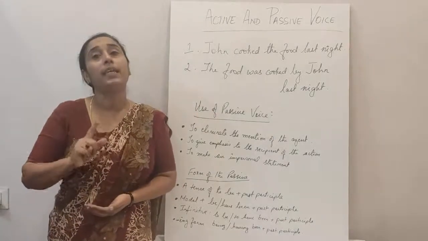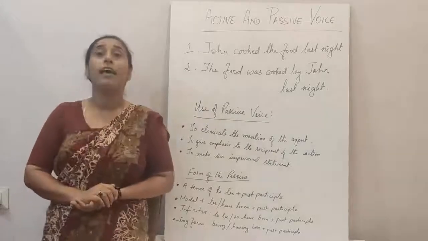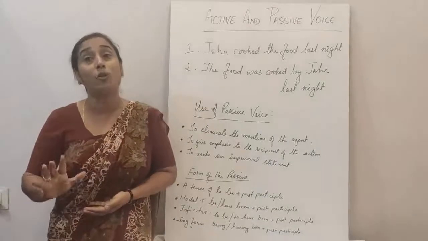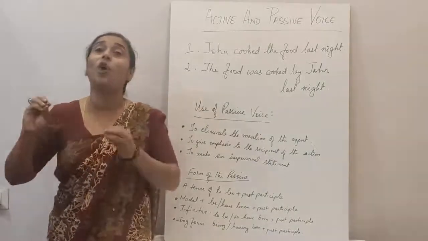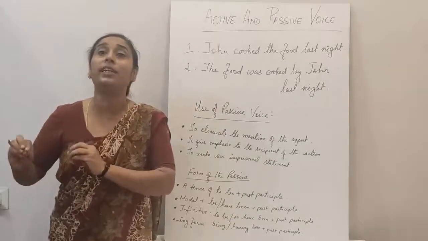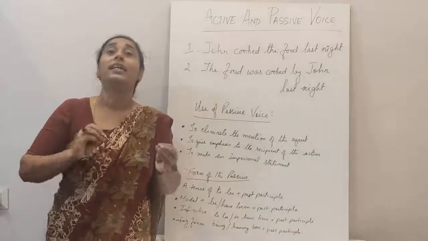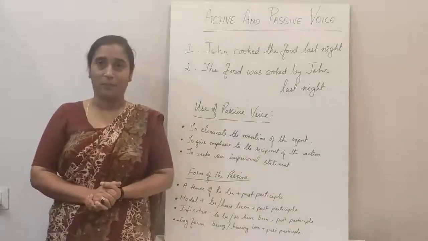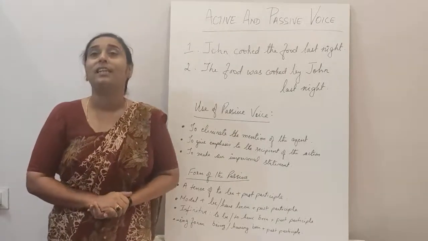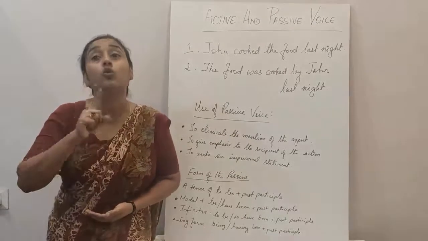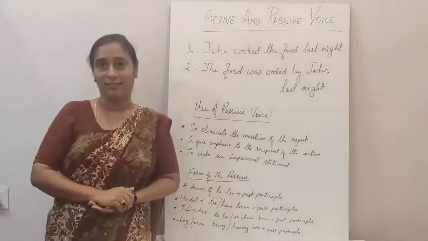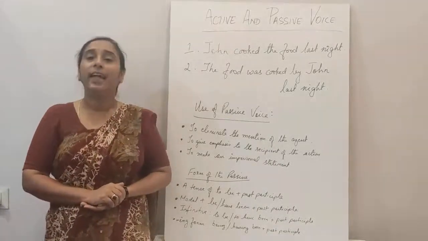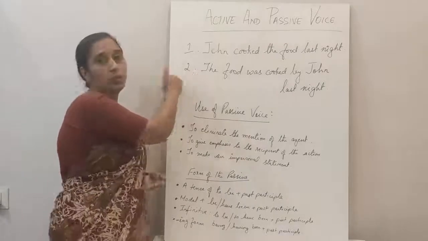A verb is in the active voice when its form shows that the person or thing denoted by the subject does something. In other words, the subject is the doer of the action. Got it? Now, sentence 2.